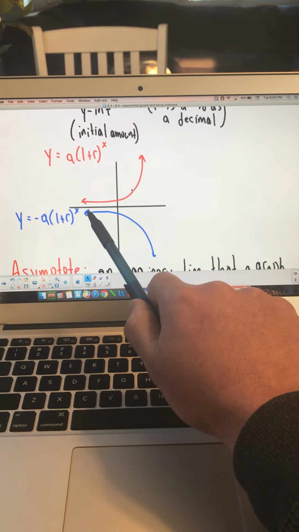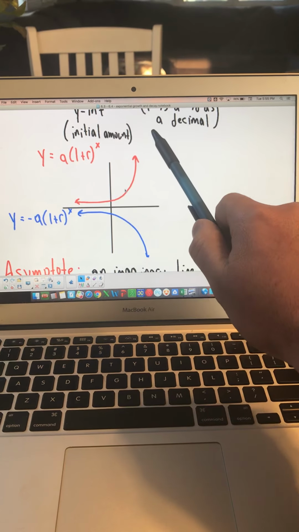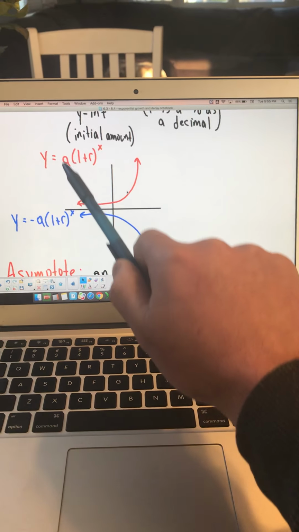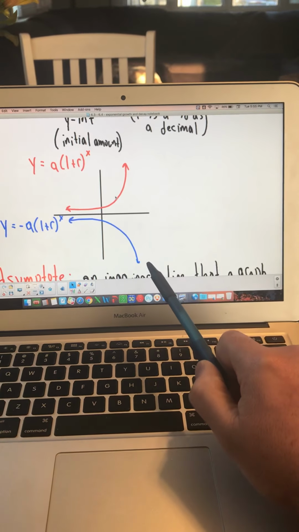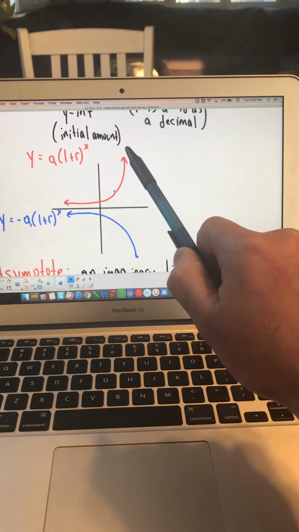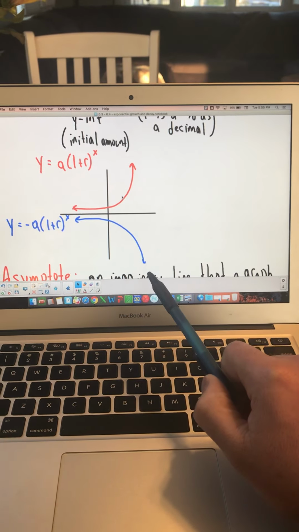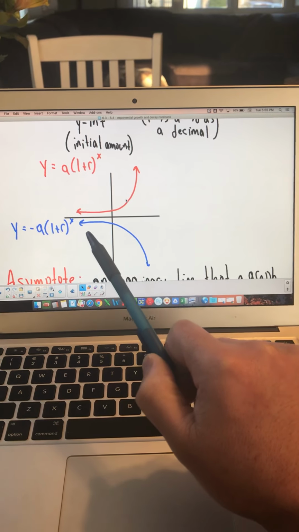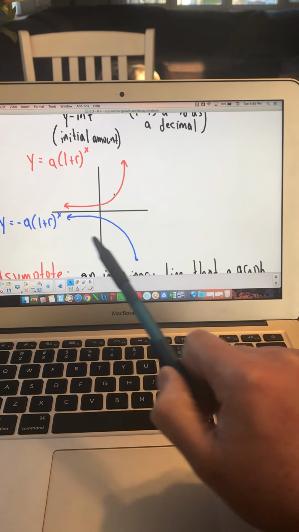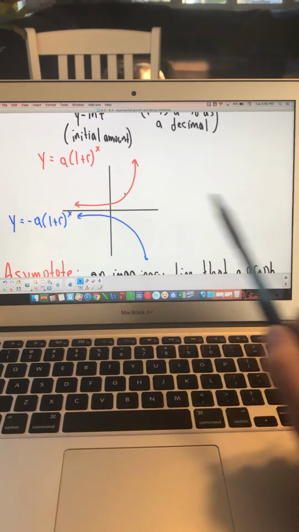It can either curve up if it's positive, curve down if it's negative. So the y values are increasing, growth. This one, they're going more negative, still exponential growth though, just in the negative form because of that sign.